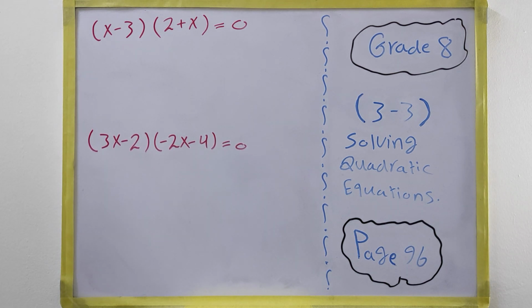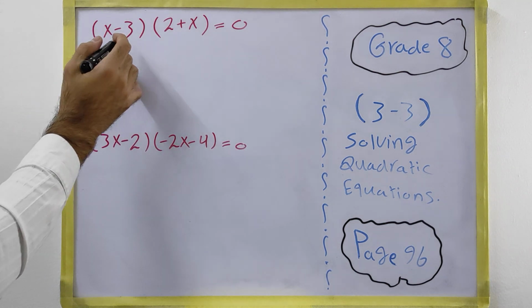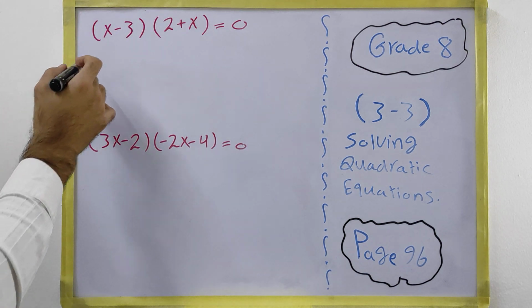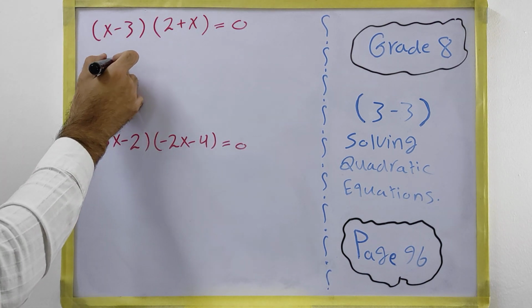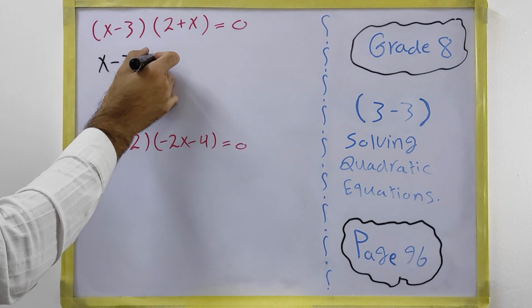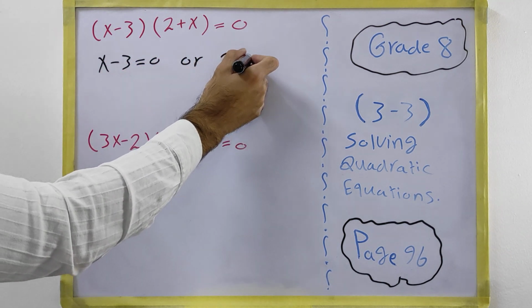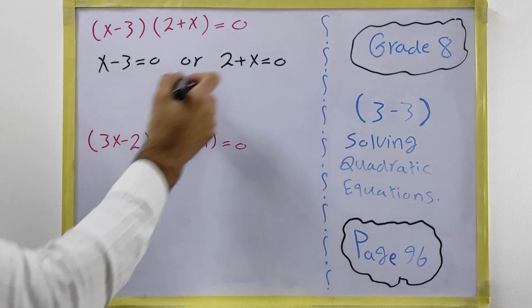Then the result would be 0. Can you find two numbers multiplied by each other that equal 0, but none of the numbers is 0? No, there isn't. At least one of them must be 0. 0 multiplied by something equals 0. So in this case we would say x minus 3 equals 0, or 2 plus x equals 0.